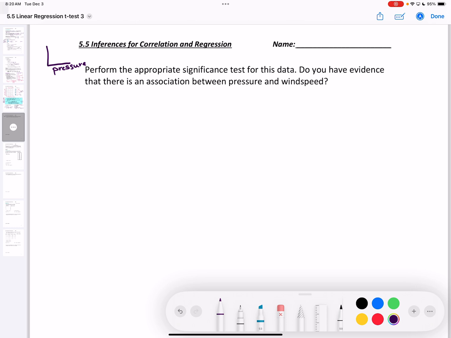Remember? So this was my wind speed going like this. I'm so visual. It just helps my brain to see, oh yeah, x is pressure, y is wind speed, which means that the wind speed is dependent on the pressure, okay? Or explanatory. It's the explanatory and the response variable. So this is the explanatory variable.